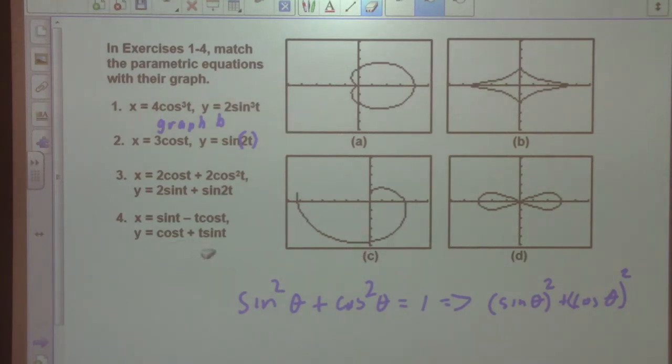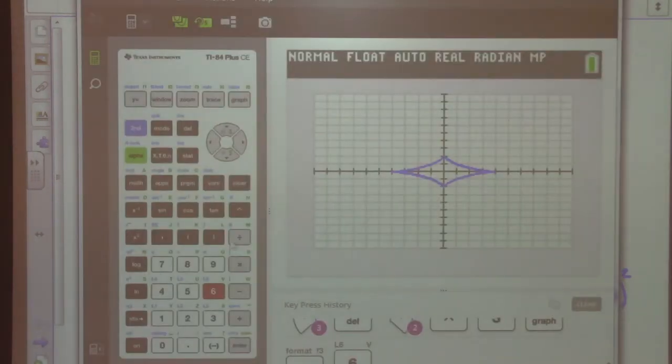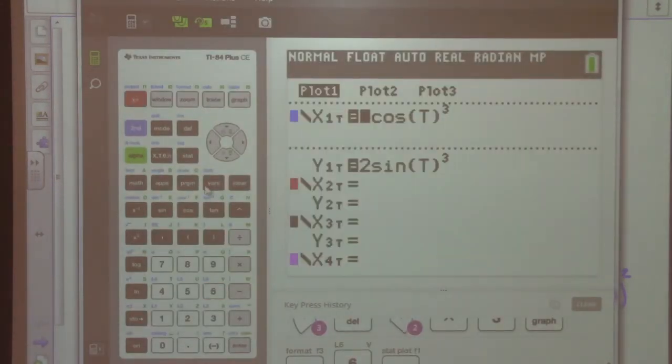Do you need me to enter any of these other ones here? The very last one? Okay, sine t minus t cosine t. So I go here, I'm going to clear, so sine t minus t cosine t.